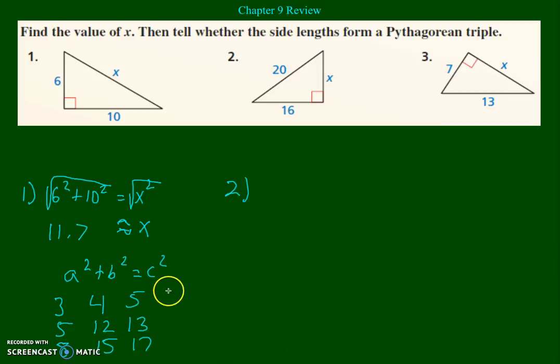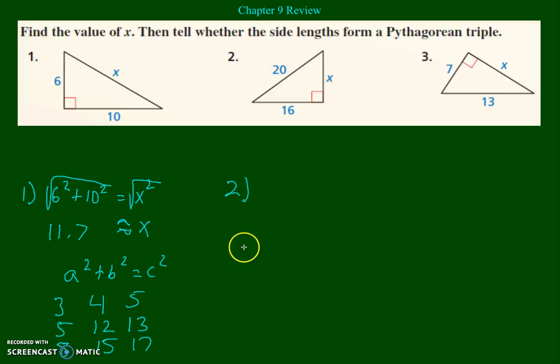If you remember from our lessons, these aren't the only ones. There's virtually an infinite number of them, but multiples of any Pythagorean triple are also Pythagorean triples. So we could take this, multiply it by 2, and it would also be a Pythagorean triple: 6, 8, 10. Likewise with any of these others, we could multiply each one of the pieces by a common factor, and that too would be a Pythagorean triple.